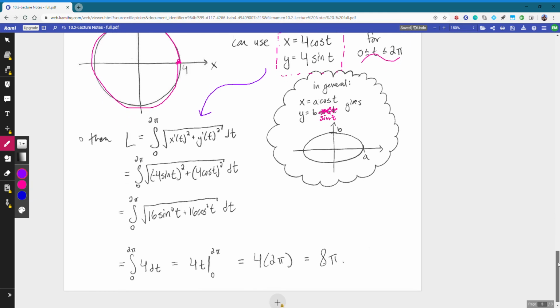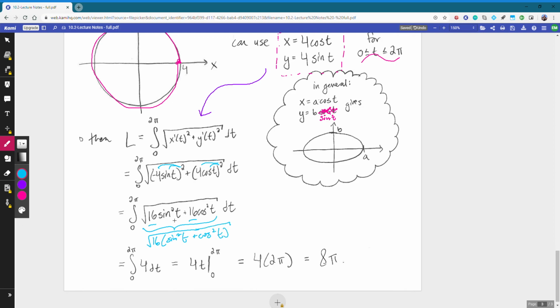And what's nice about the circle situation is that once we take this square and distribute it to the negative 4 sine and the 4 cosine, we get a common factor of 16 that we can then pull out. All right, so it's still inside the square root. To start, we get 16 times sine squared t plus cosine squared t.